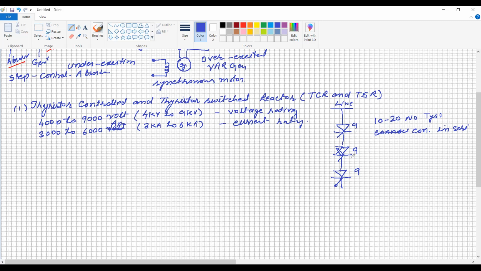And this entire family of thyristors connected in this way is called a valve.